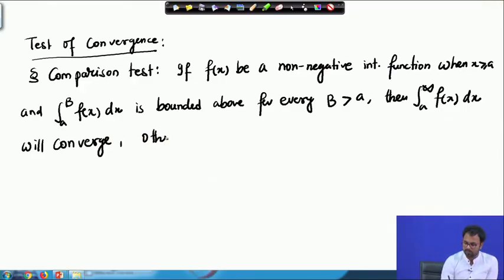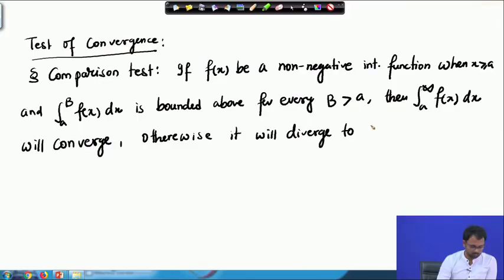Otherwise, it will diverge to plus infinity.